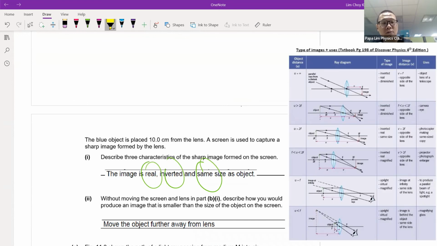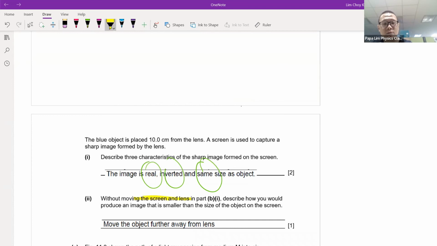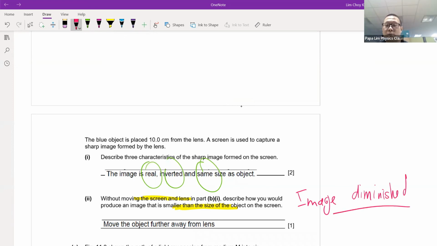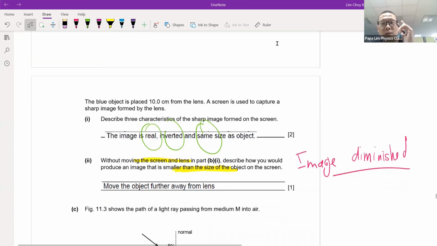Now, without moving the screen and the lens, basically I move the object. Describe how you will move the object to produce an image of smaller size. When I want the image to be smaller, diminished, based on the ray diagrams that I've taken note of, there's only one case.